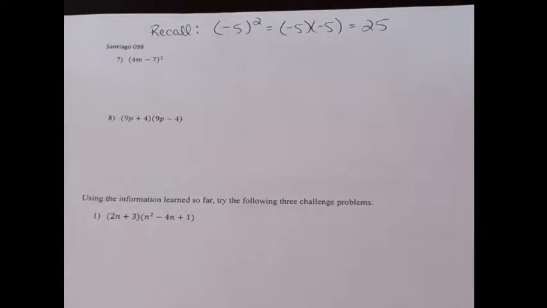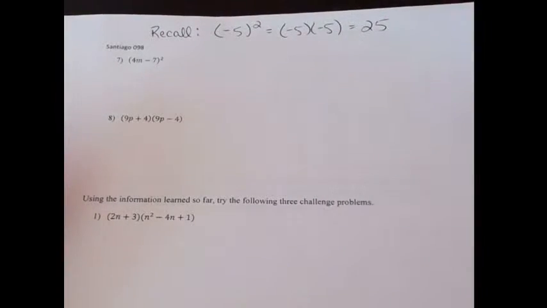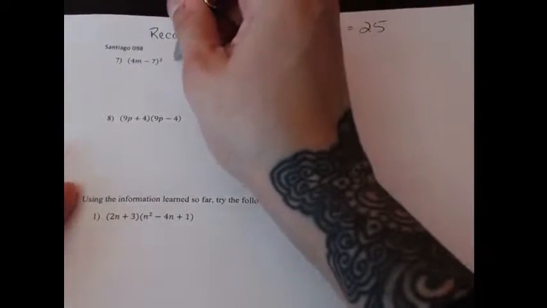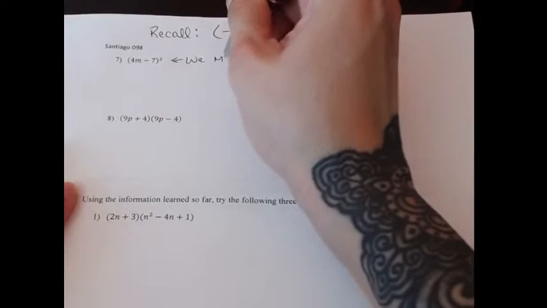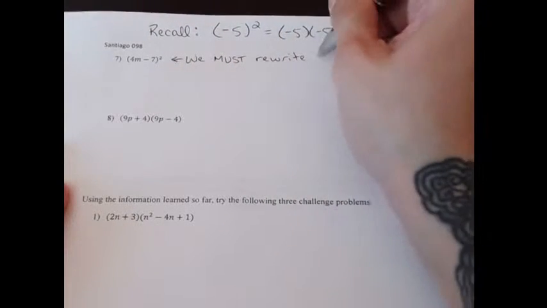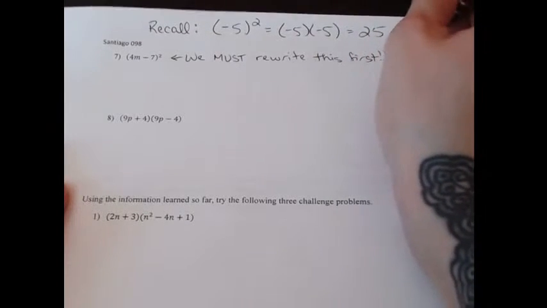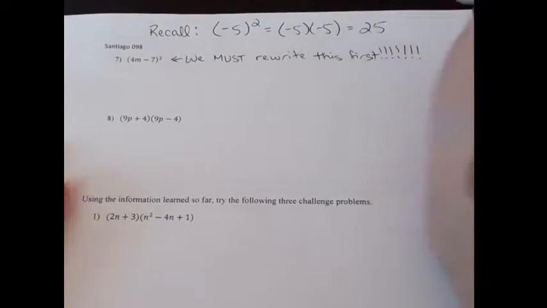The idea behind this is that when we had that expression being raised to the second power, we wrote it out twice, and then we did the math. With these kinds of problems, we have to write it out twice. So we must rewrite this first. Okay, this will always be the case, hence all of the exclamation points.